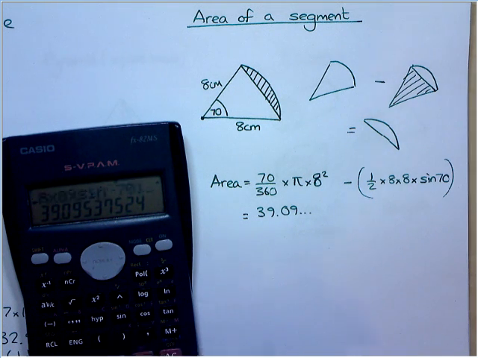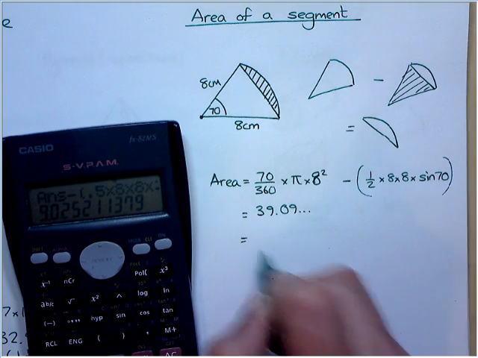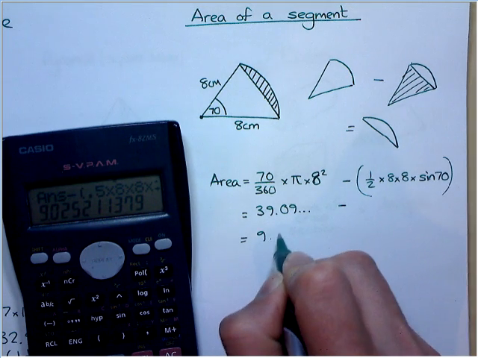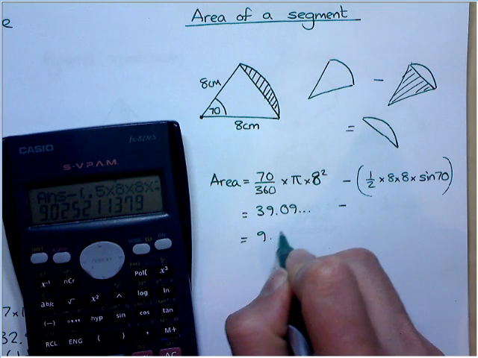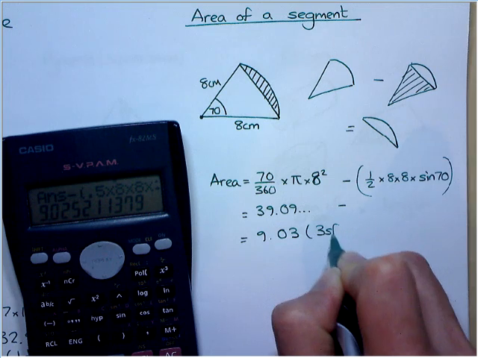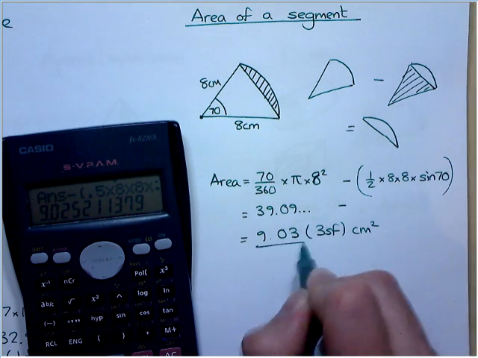Close the bracket afterwards, hit equals. So I actually haven't worked that out, but I don't need to. So if I do it to 3 significant figures, and there you have it. That's how you find the area of a segment.